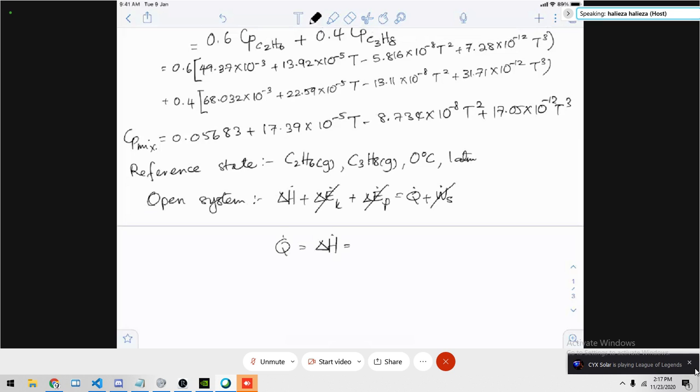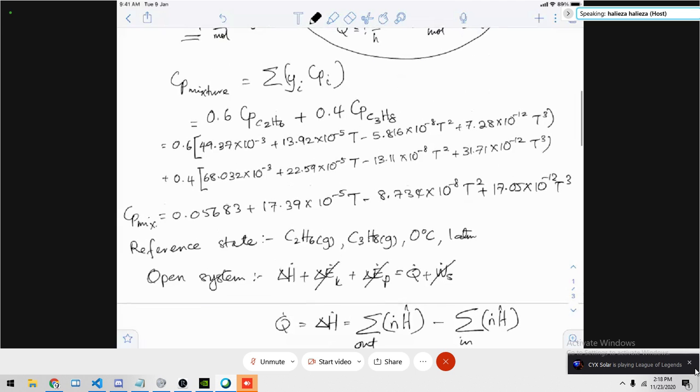And that, if you expand it, is going to be the summation of the outlet molar flow rate times the specific enthalpy, minus the summation of the inlet molar flow rate times the specific enthalpies of that inlet stream. So since we stick with that equation, this is our final equation.